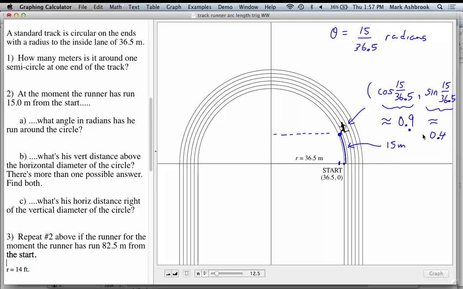Are these coordinates correct with that starting coordinate being 36.5, 0? So Alex is saying if it's 0.9 of a radius length, how do we get it in meters then? Multiply it by 36.5. So it would be 36.5 times cosine of 15 over 36.5. So that'd be the x-coordinate, and then the y-coordinate.